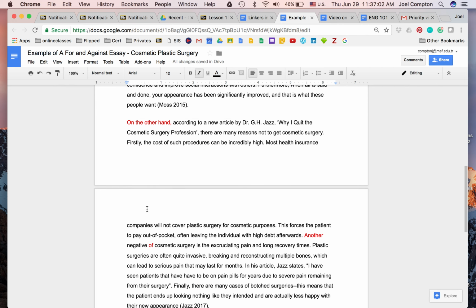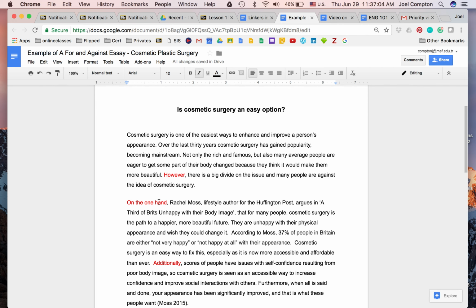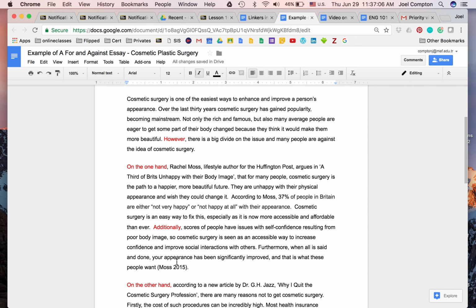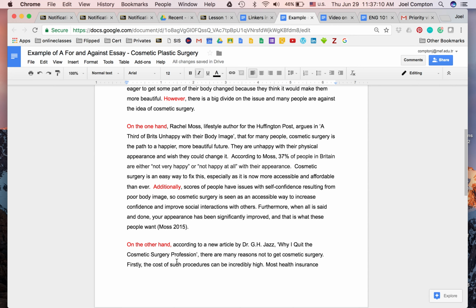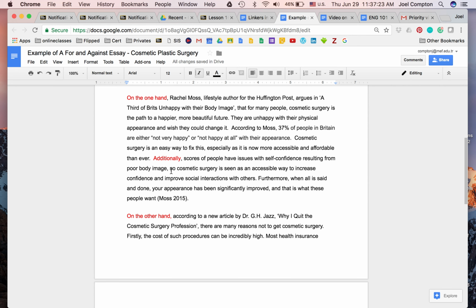A couple more things to notice. Let's talk about these words in red, okay? So we want you to have 4 different linking words, and we want you to have some comparison and contrasting linking words in your essay. So she has, however, okay, a contrast one. On the other hand, a contrast one. Additionally, which would be telling about additional information.